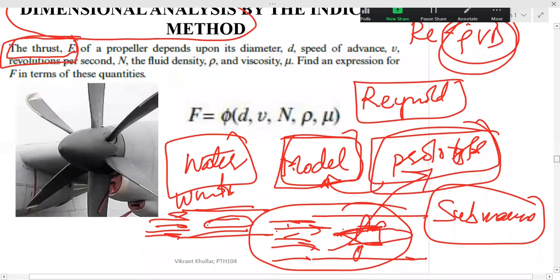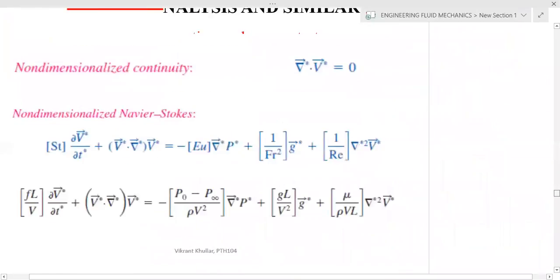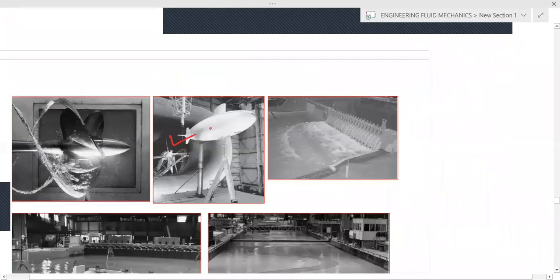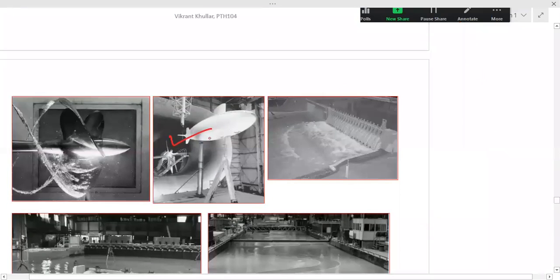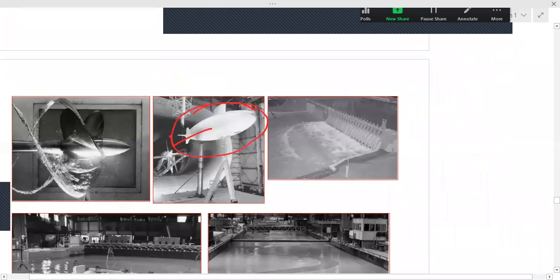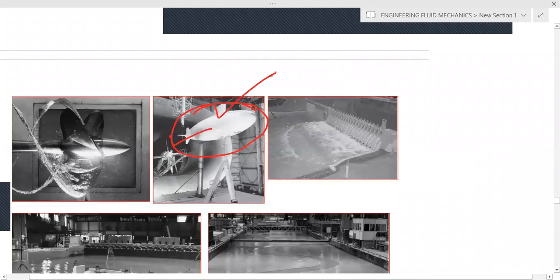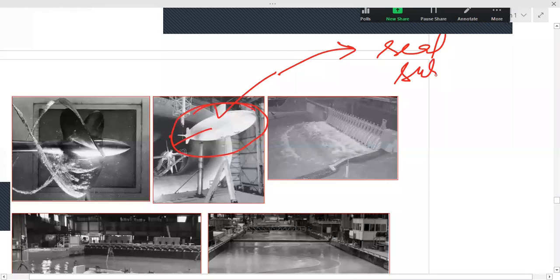It is somewhat like this. So this is a submarine, and you are making the air flow past this submarine. Although this submarine is not of same size, neither it is in the same fluid, but the results you get from here can actually be applied to the real submarine.